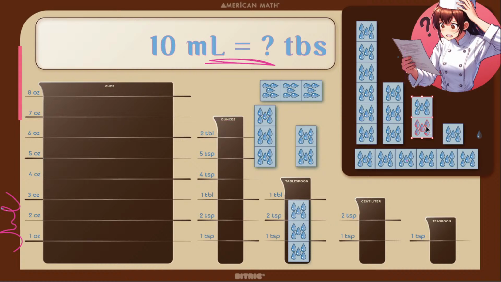So in that case, will that just be 1/3? Nope, 2/3 of a tablespoon, because there are 3 teaspoons. Yeah, 3 teaspoons in a tablespoon, and each individual teaspoon equals 1/3, 3 being the denominator, because it takes 3 teaspoons to make up a tablespoon.